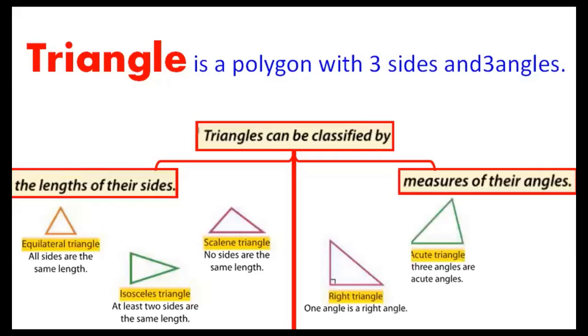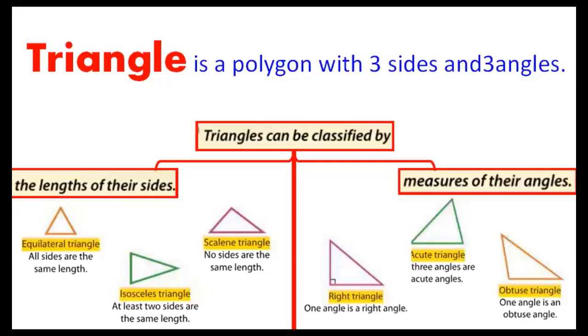Each one, not the summation of the three interior angles, because the summation of the three interior angles of any triangle equals 180. So an acute triangle contains three acute angles, that means each one less than 90 degrees. The third one, obtuse angle triangle.